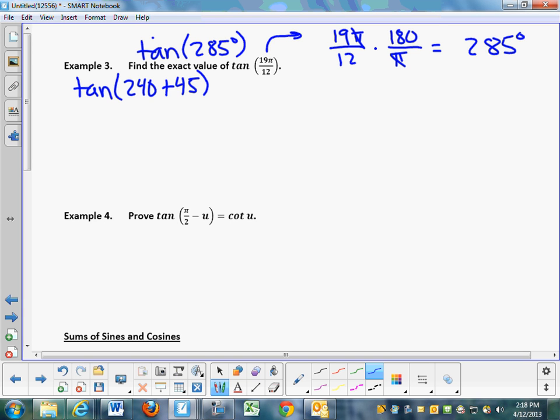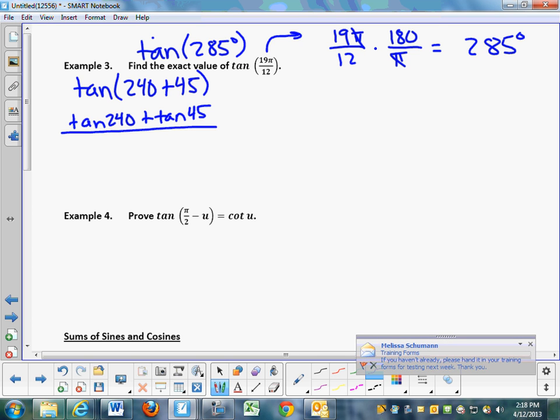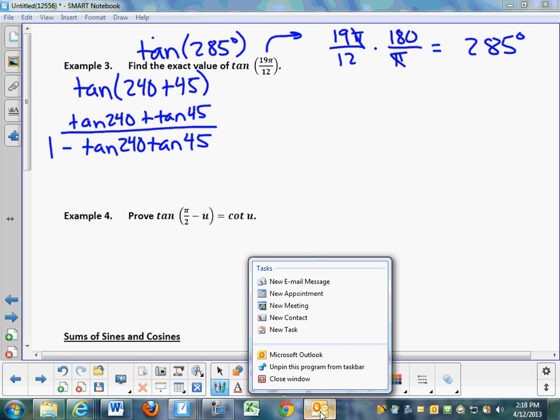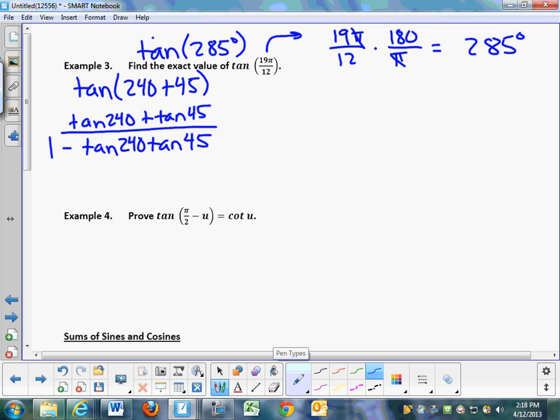Here we go. So I plug it into the formula. Tangent of 240 plus tangent of 45, divided by 1 minus tangent of 240 times tangent of 45. What to do?